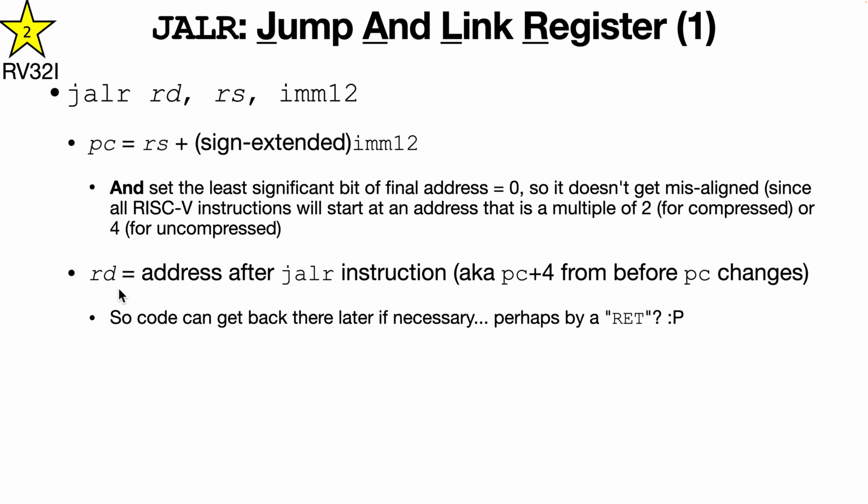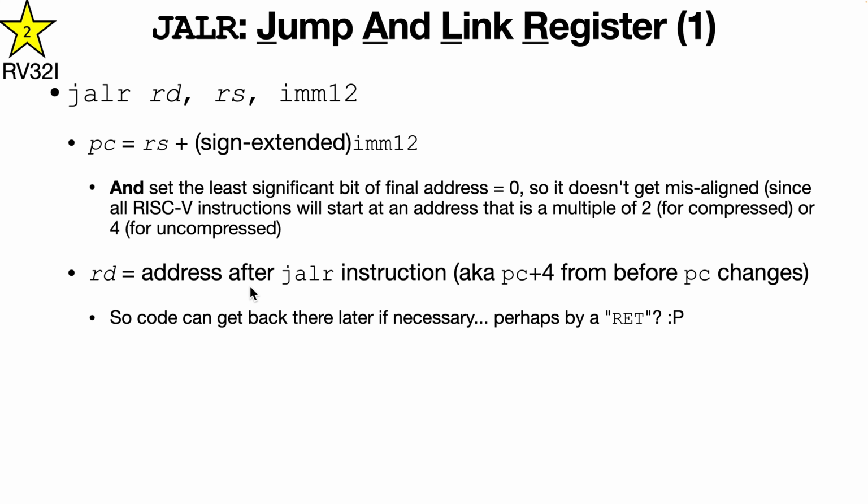Now there is a secondary effect. This is jump, and that is the jump, but what is the link register? So this RD, the R destination, you can see we didn't calculate something and put it into a destination register. The destination for the calculation is PC. So what is RD?